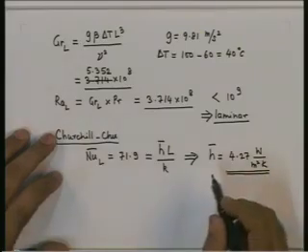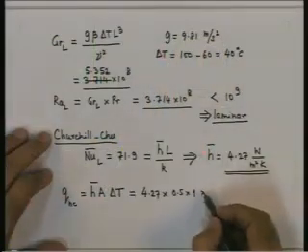Notice the low value, not even 5 watt per meter squared Kelvin. So the heat transfer by natural convection will be the average heat transfer coefficient into the area of the plate multiplied by the temperature difference between the plate and the surrounding fluid.